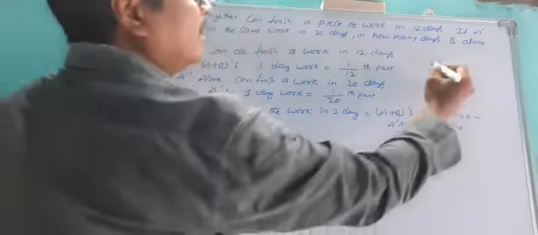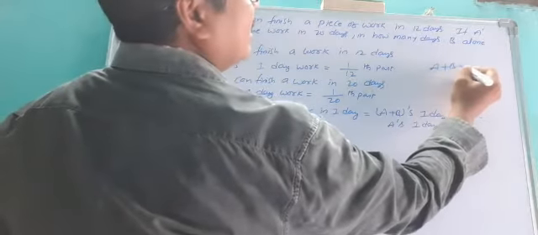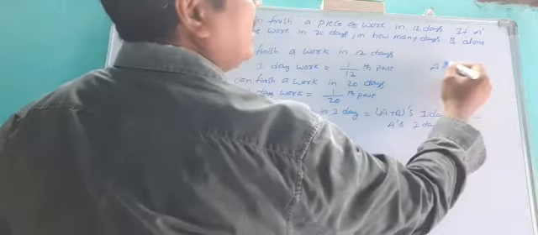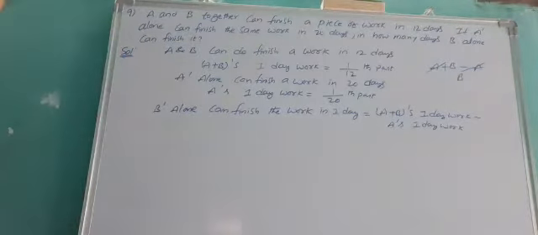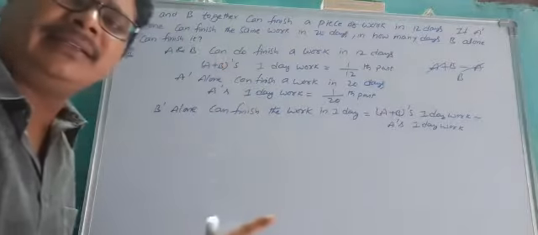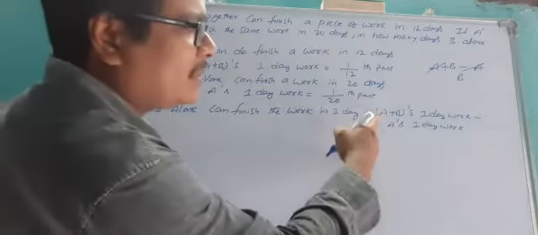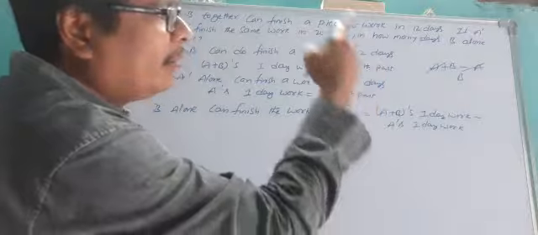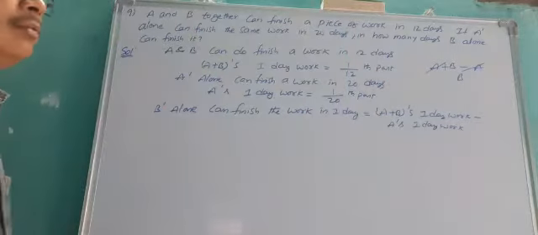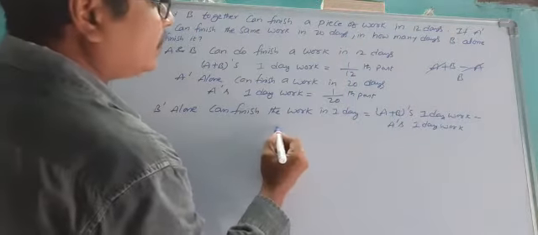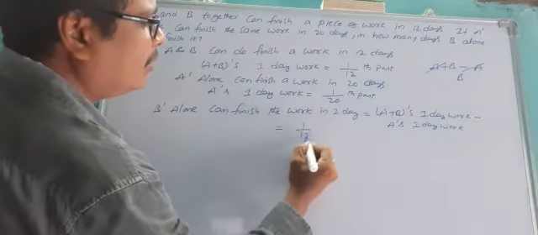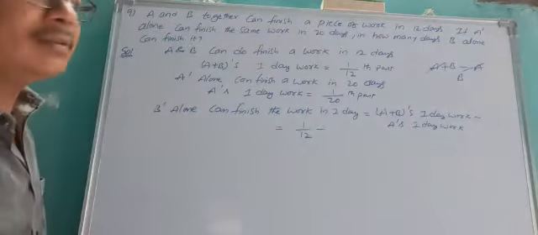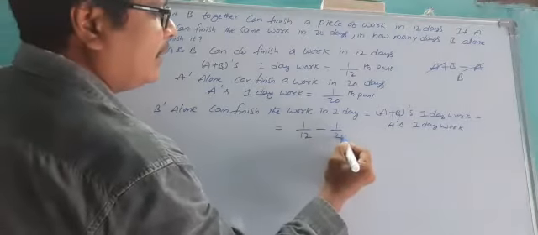A minus A cancel, that equals B. So B alone's 1 day work you get by subtracting A's work from A plus B's work. A plus B's 1 day work equals 1/12, minus A's 1 day work equals 1/20.